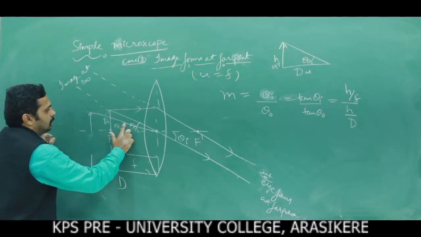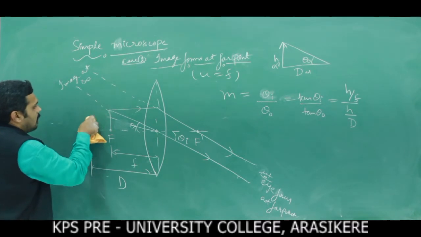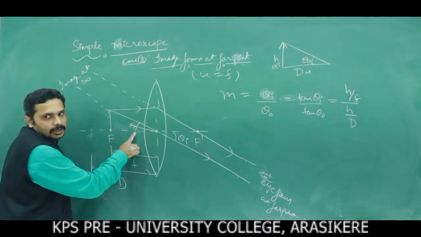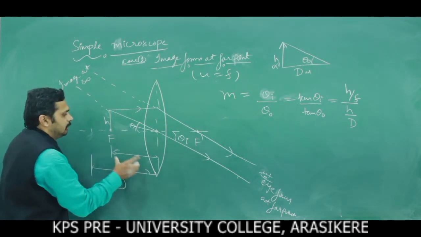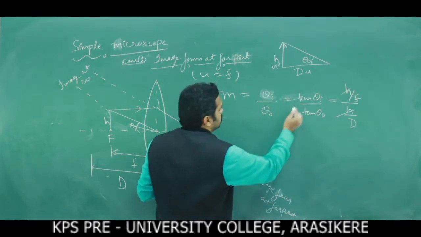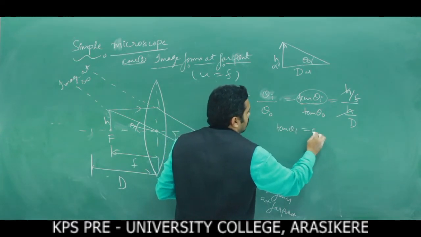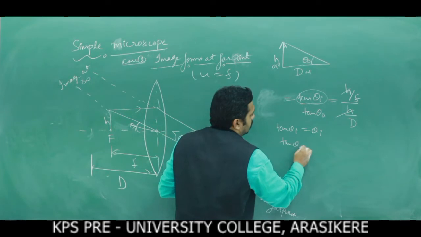This is the angle. Now this is the angle we are taking, observe carefully. Now I am using this angle. What is theta i? Angle subtended by the image. Opposite by adjacent, h by f. Cut here, this h cancels. Now tan theta i becomes theta i, and tan theta naught becomes theta naught.